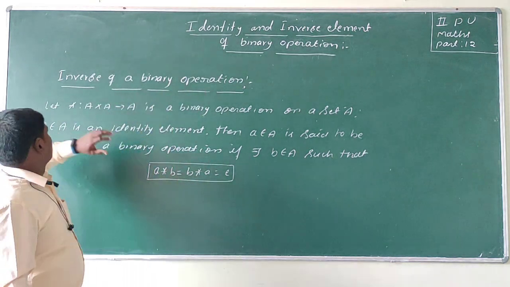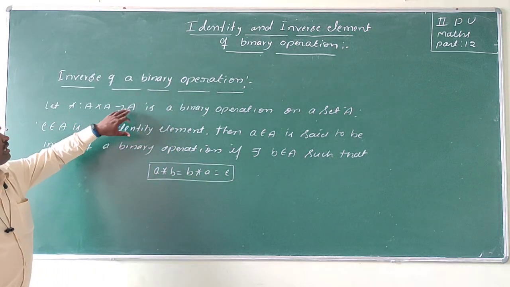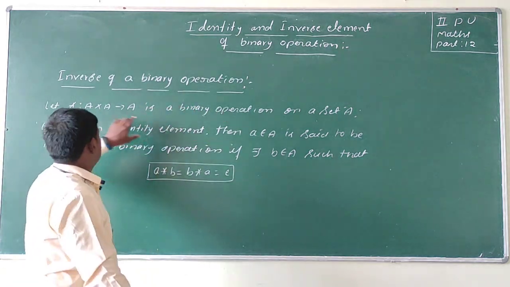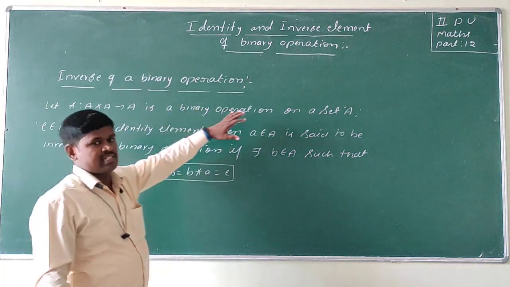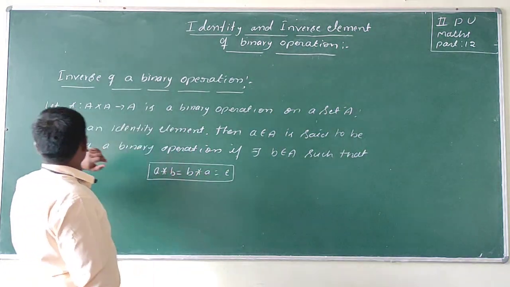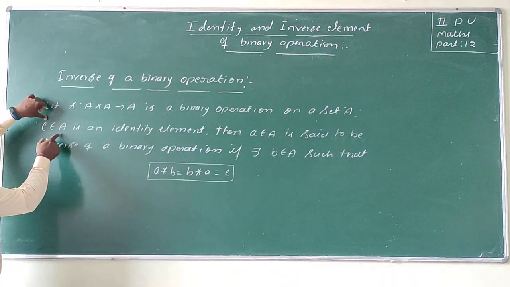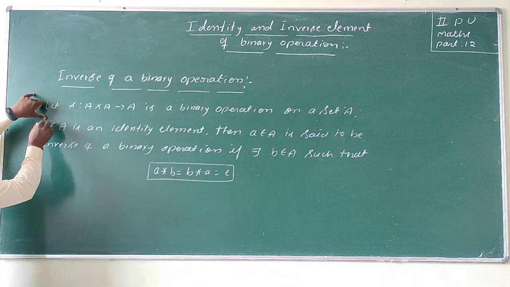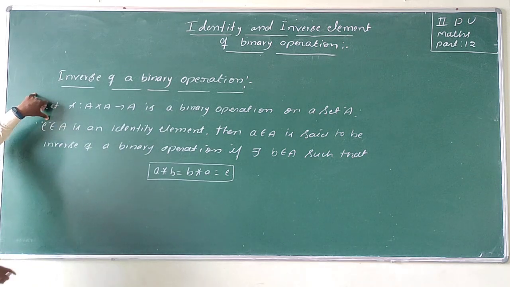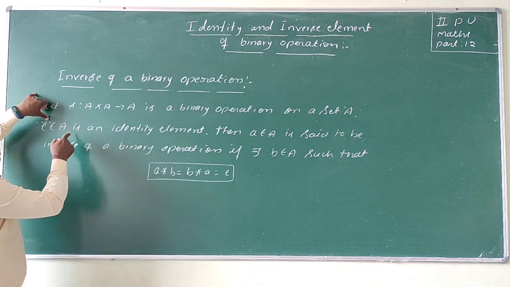So let star be a mapping from A cross A to A, a binary operation on a given set A. Suppose e belongs to A is the identity element of the binary operation.